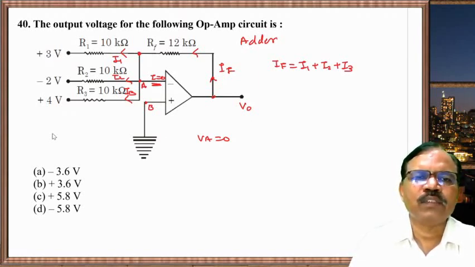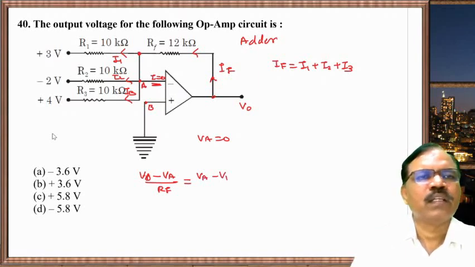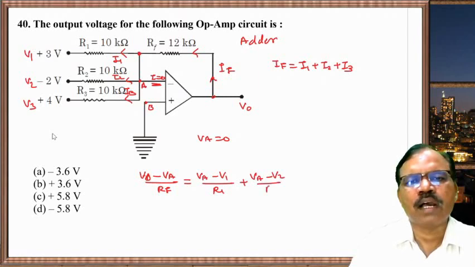So IF is V0 minus VA upon RF, and this is equal to I1, which is VA minus V1. I will call this V1, this V2, this V3. So upon R1 plus VA minus V2 upon R2 plus VA minus V3 upon R3.